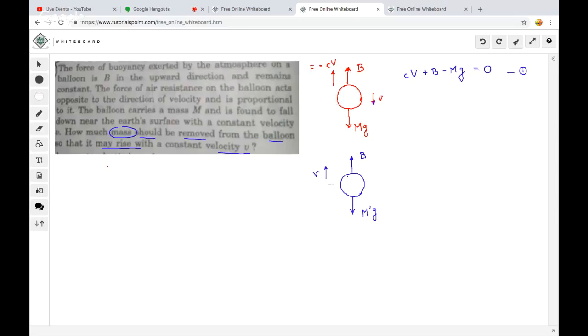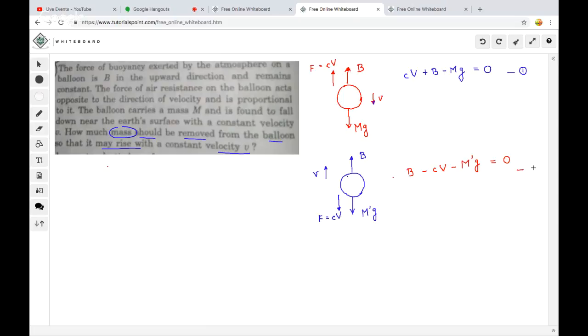It will be opposite to the direction of velocity, so it has to be down, and it will be of the same magnitude as in the previous scenario, because the magnitude of velocity is the same. Now if I write the force balance equation for scenario number 2, I can write B minus CV minus m dash g is equal to 0.